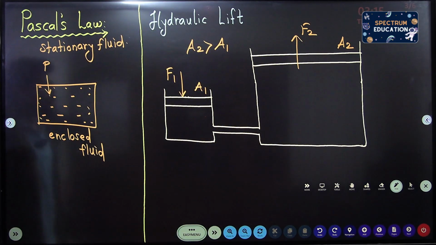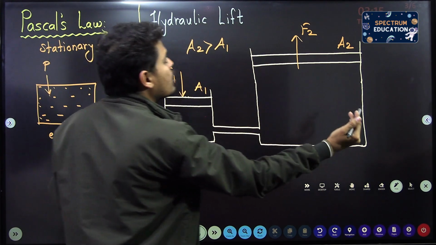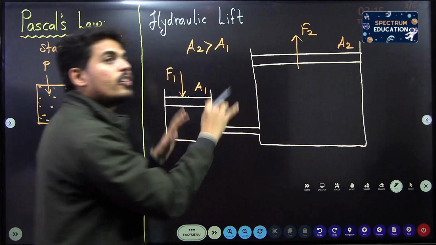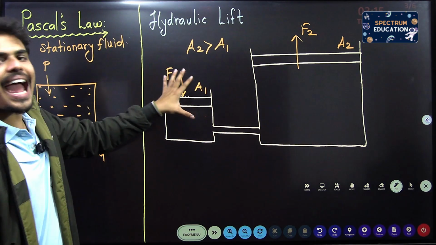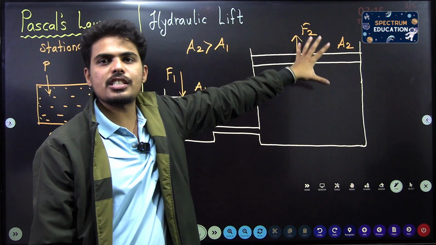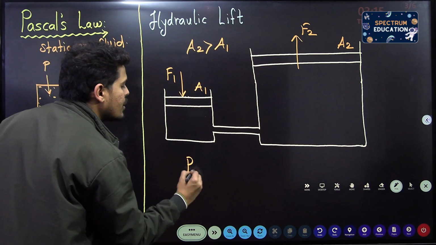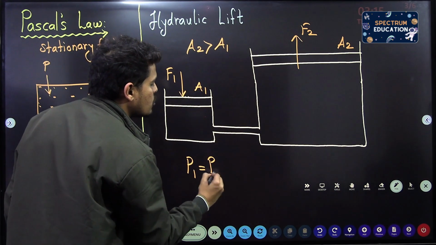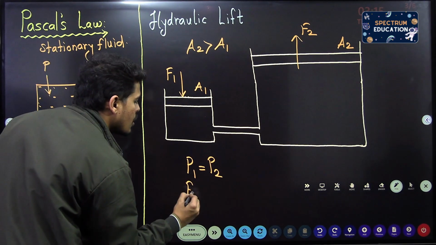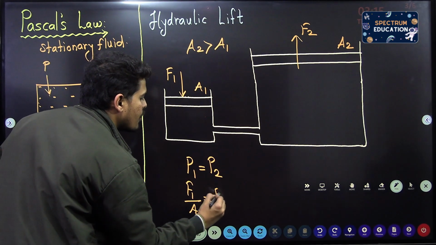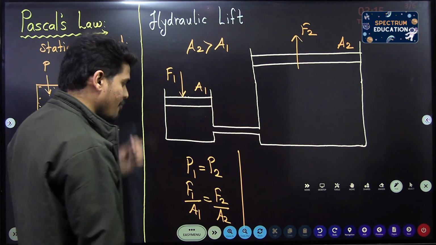Okay, so as this is an enclosed fluid in some container and the fluid is at rest, then we can apply Pascal's law. So pressure at this point must be equal to the pressure at this point, that Pascal's law stated to us. So pressure at this point is P1 equals pressure on this side P2, and the pressure is what? Force per unit area. So F1 upon A1 equals F2 upon A2.